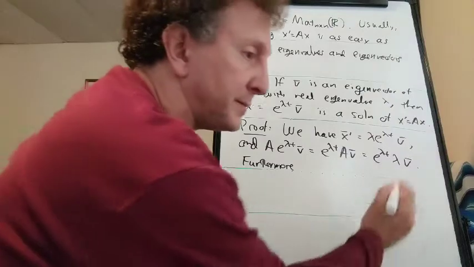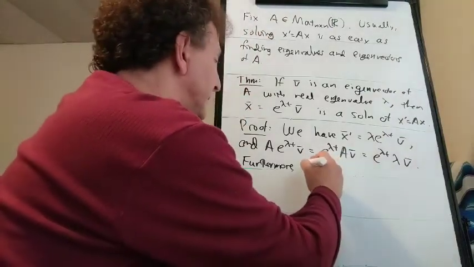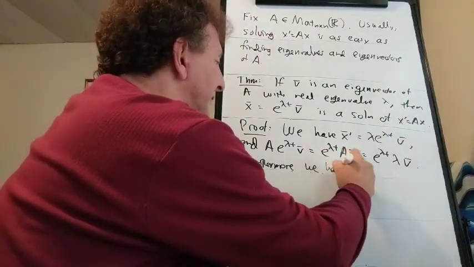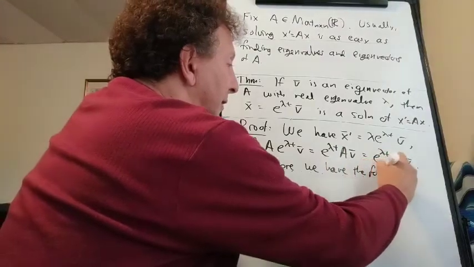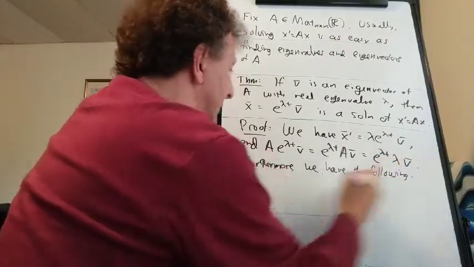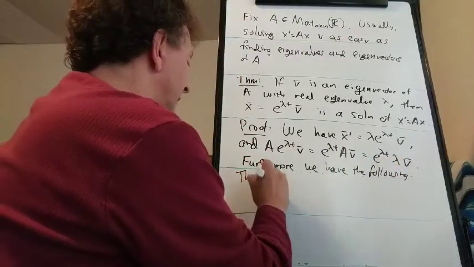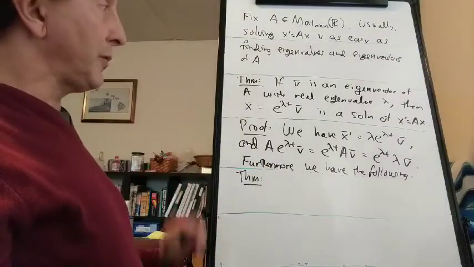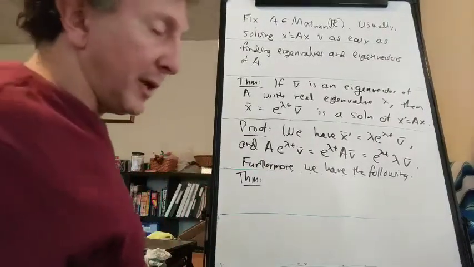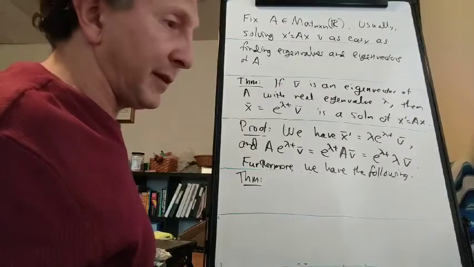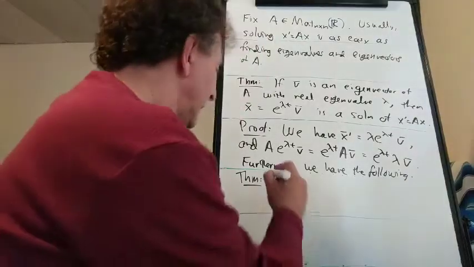And furthermore, we have the following. So suppose we find all the eigenvalues and linearly independent eigenvectors for all the eigenvalues.